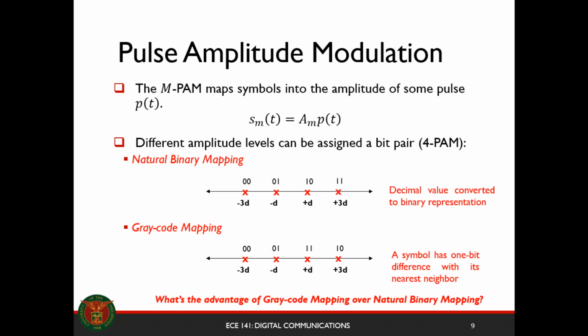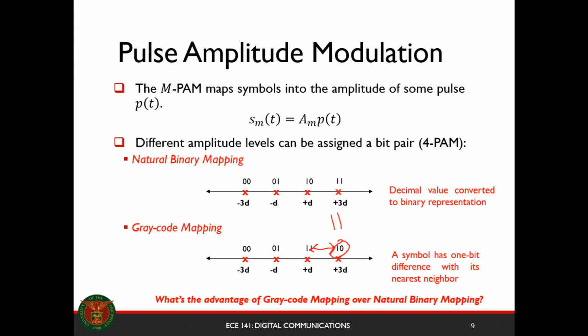Gray code mapping actually enables us to easily correct our received signal. So if there is a 1-bit error, this 1-bit error could be if it becomes 1-1. So basically, they're just neighbors.